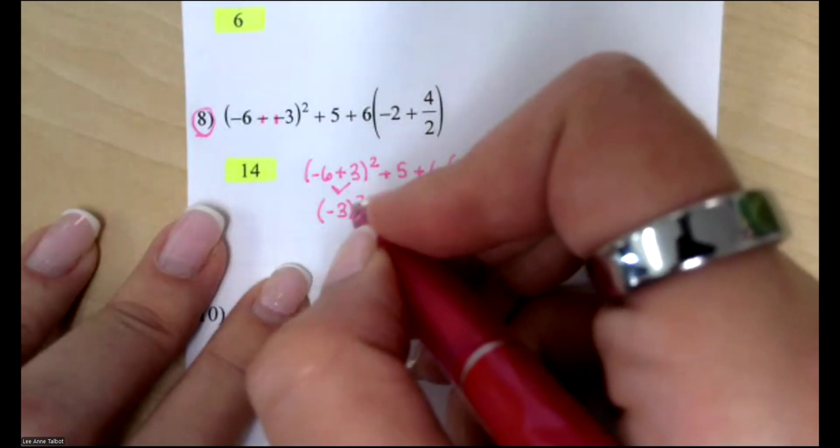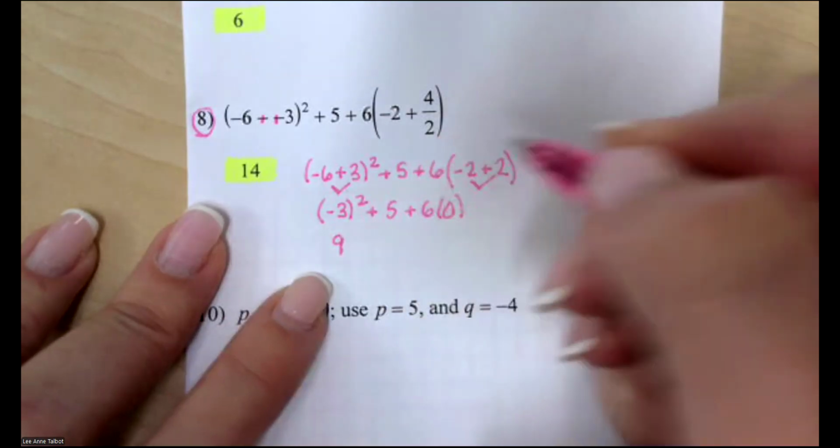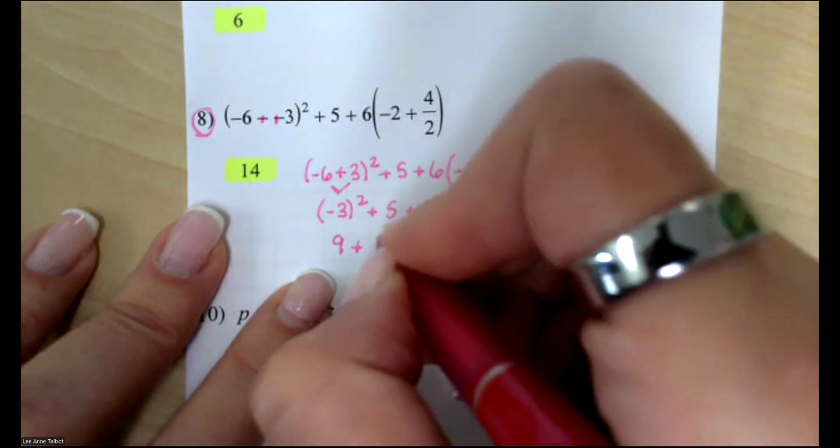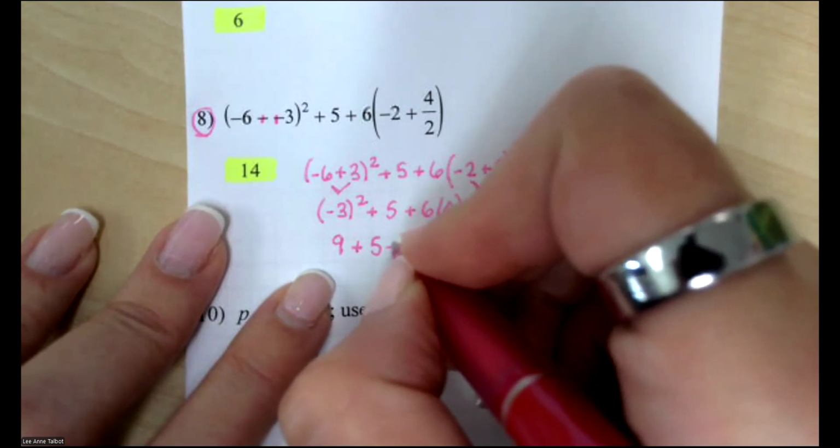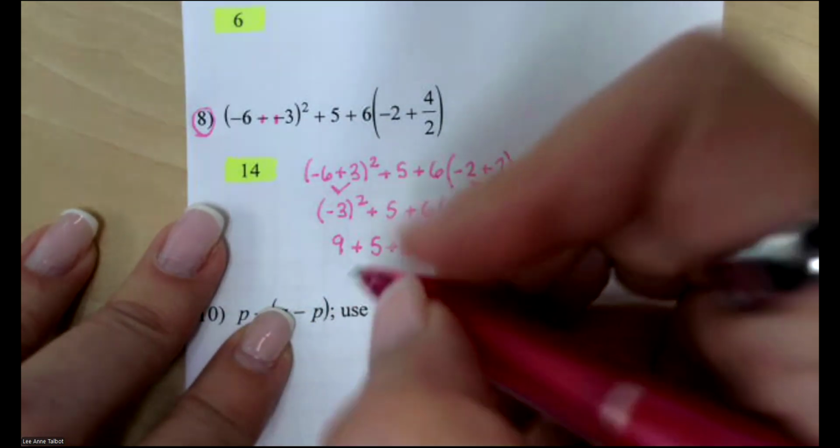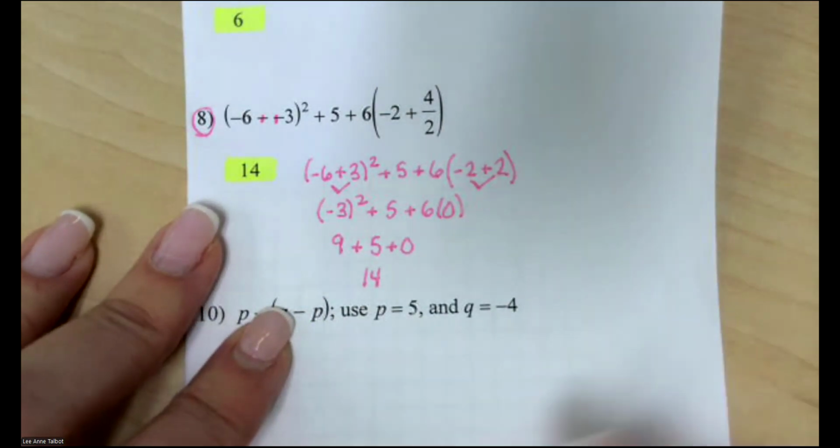Okay, -3 times -3 is +9 plus 5. 6 times 0 is 0. 9 plus 5 is 14.